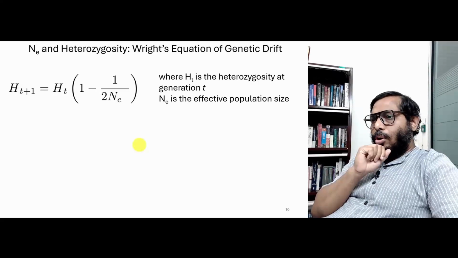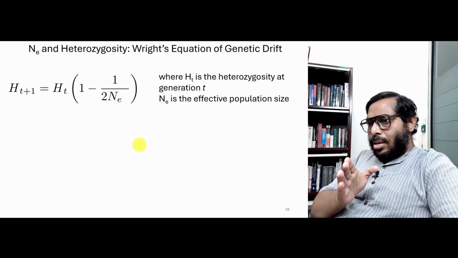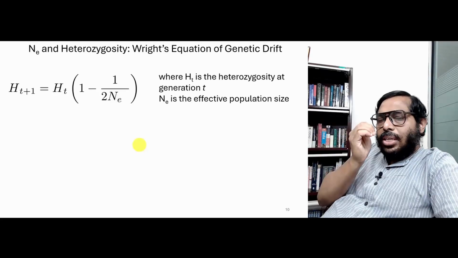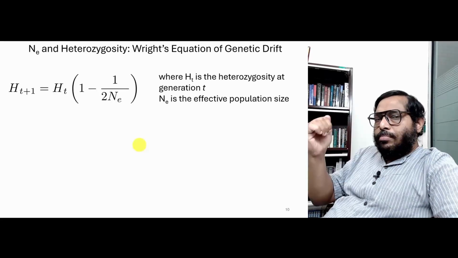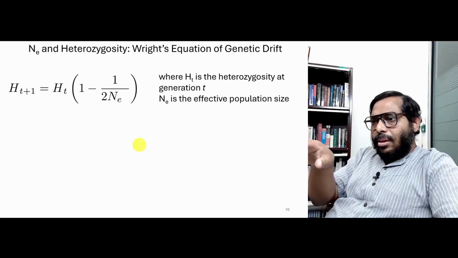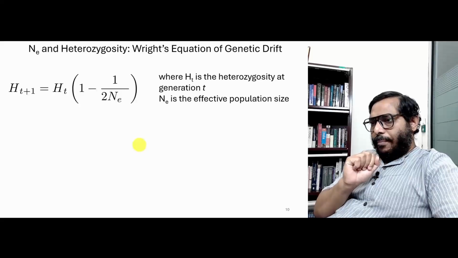Again, if you look at this formula, straight away you can see certain things. Ht+1 equals Ht multiplied by something. So, heterozygosity at generation T+1 is the previous generation's heterozygosity multiplied by that thing, 1 minus 1 by 2Ne. Now, look at 1 minus 1 by 2Ne.